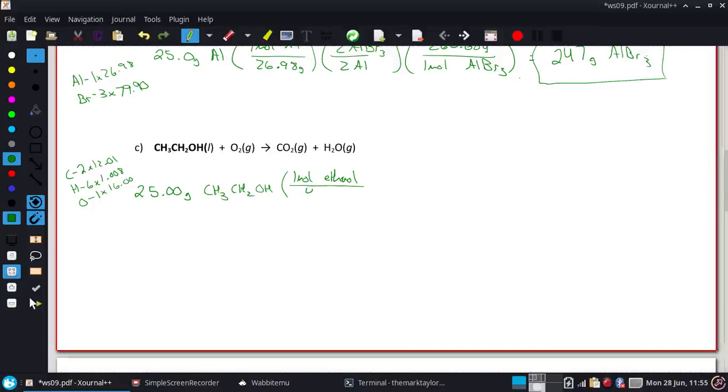Giving us a molecular weight of 46.07 grams per mole. All right. Need to balance our equation. We have 2 carbons, so I come in here and say 2 here. 6 hydrogens, so I'd say 3 there. But I have an odd number of oxygens, so to fix that, we're going to double everything we just did.